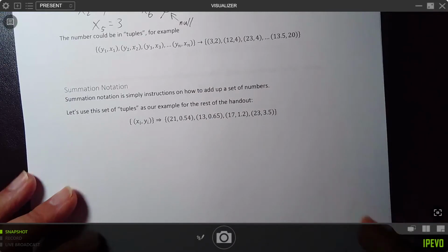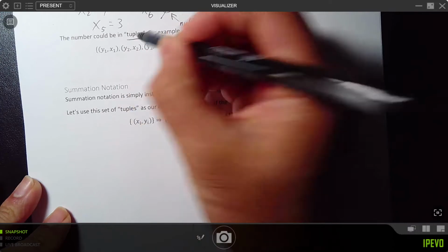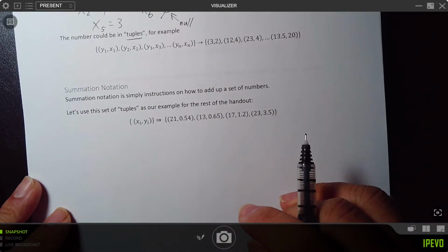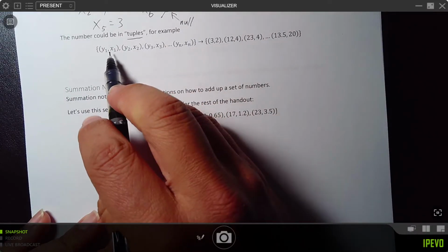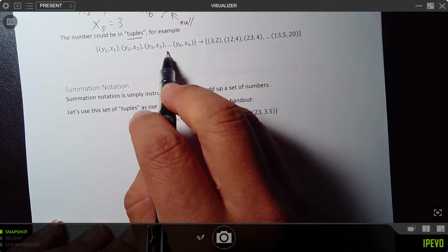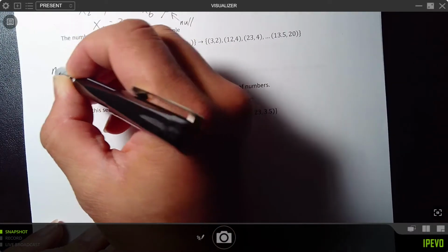Now, these quote-unquote numbers could be in tuples. It's called a tuple. Tuple doesn't mean 2. Tuple just means a pair or sets. It should really mean sets. Here I have 1, 2, 3, dot dot dot, all the way to n. So here again I have a data set of n observations.